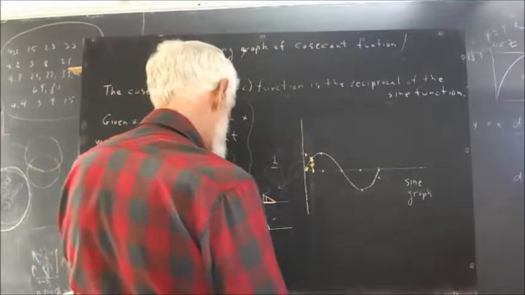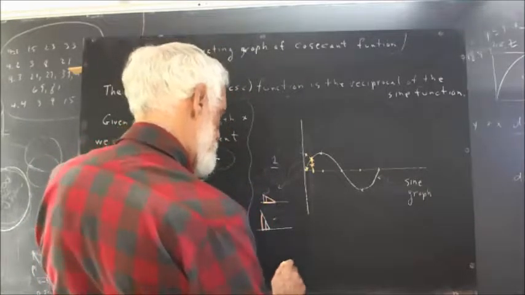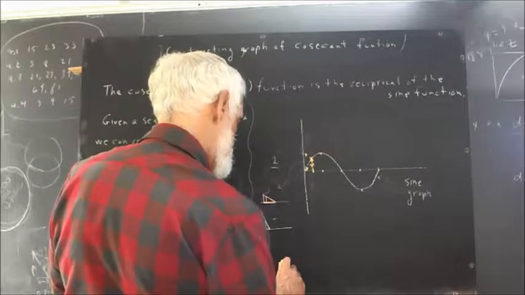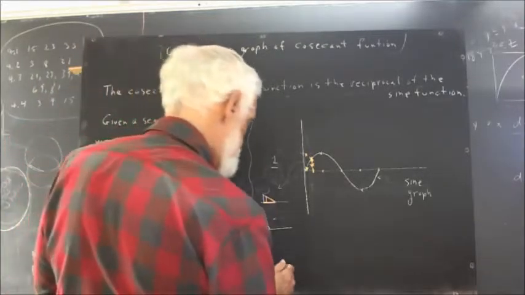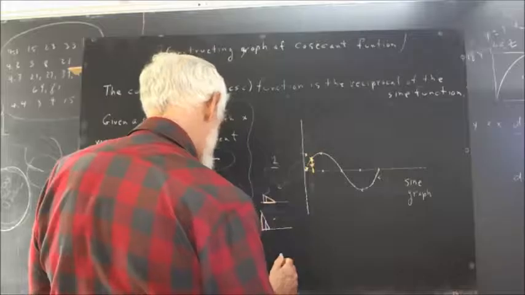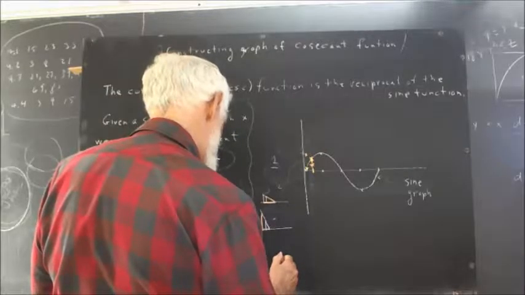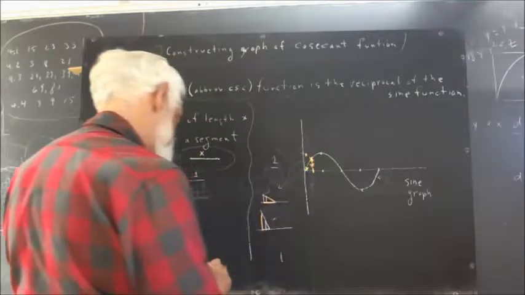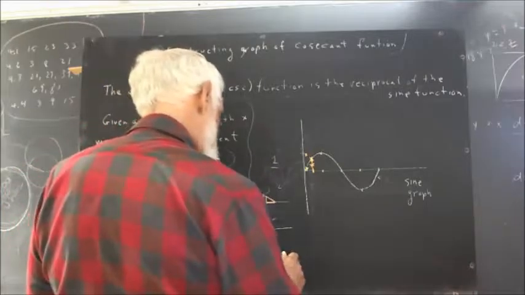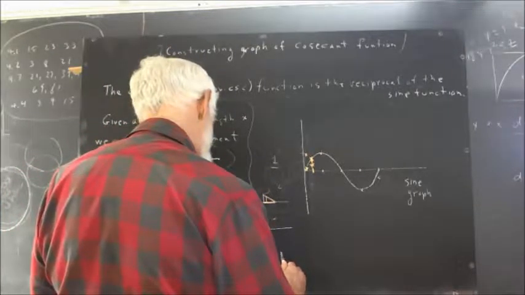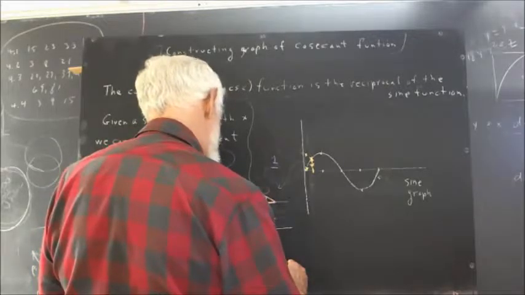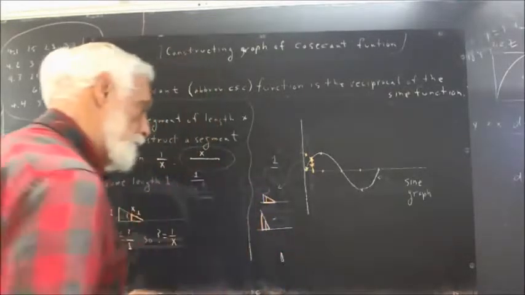But we're going to have a very short segment here, and then our unit segment will be quite a bit longer. And because of the shortness of this segment, I'm already having trouble drawing the triangle.